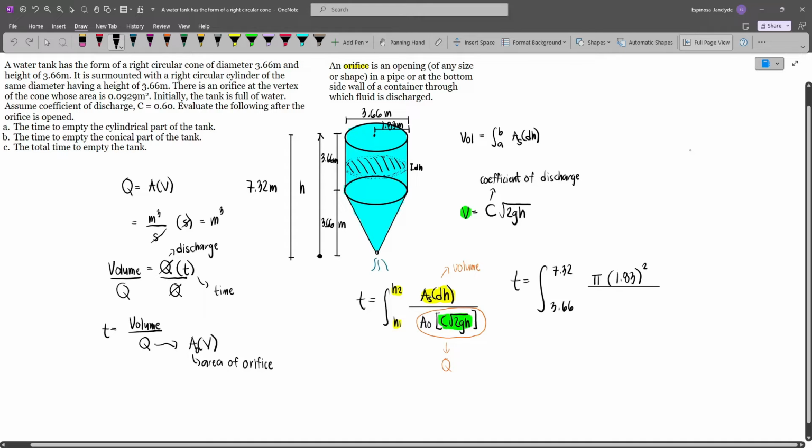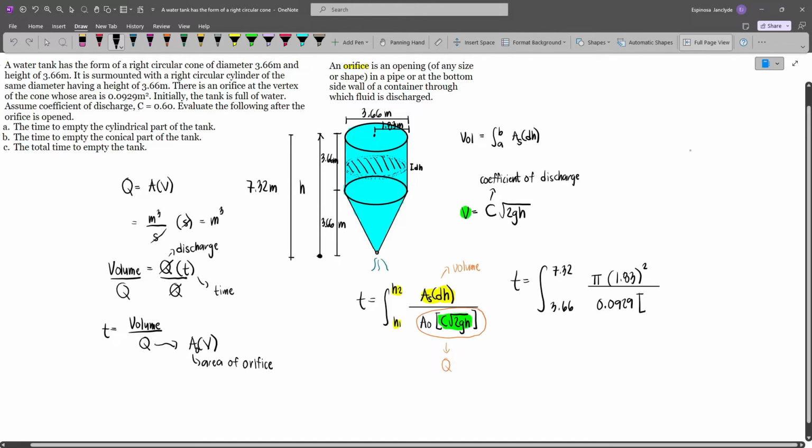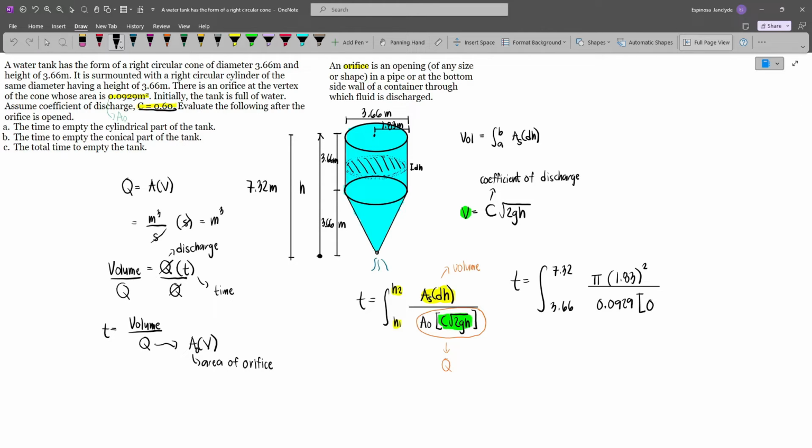Yan. And then, divided by AO, which is the area of the orifice, which is 0.0929, and then multiplied by C times square root of 2GH. Now, yung C natin is 0.6. And so, this will be 0.6 multiplied by square root of 2GH. And then, yung G natin will just be the gravitational constant, which is 9.81. And then, multiplied by H.